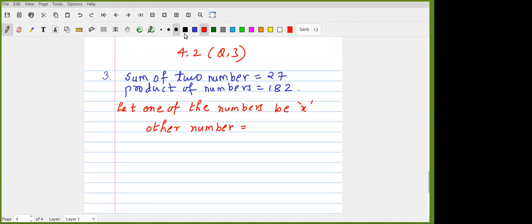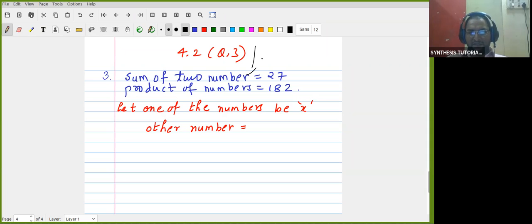Okay. Now just let me explain a little bit. See, they've given this information, right? That one number plus other number is 27. So if I take one number as x, what will be the other number? It will be 27 minus x. All of you agree?